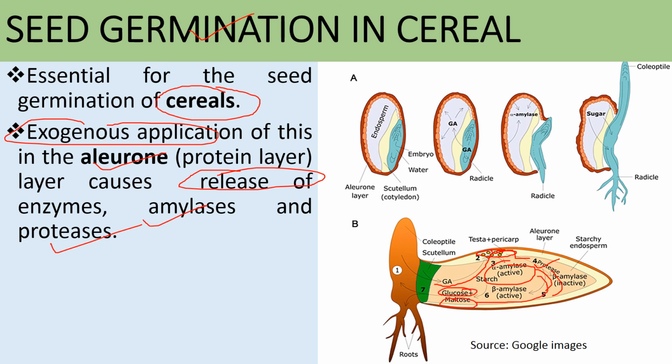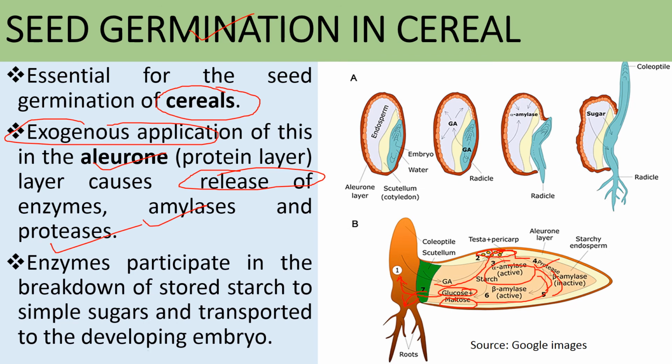These soluble forms are used by the embryo for its growth, and in this way the seed will germinate. The enzymes participate in the breakdown of stored starch to simple sugars and transport to the developing embryo, which results in the growth of the embryo, and the seed germinates.